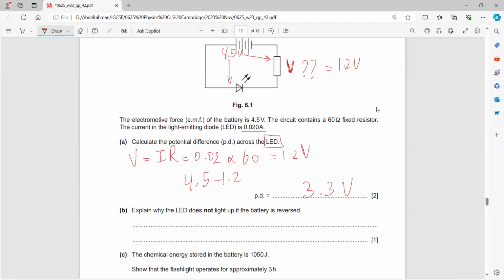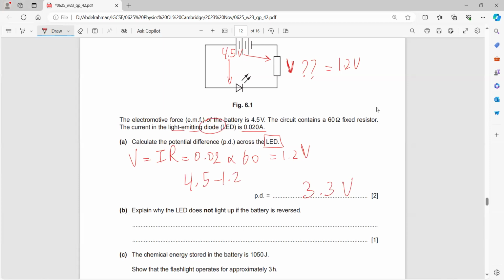Explain why the LED does not light up if the battery is reversed. Not because of the resistor. It's actually because of the LED itself. LED literally stands for what?